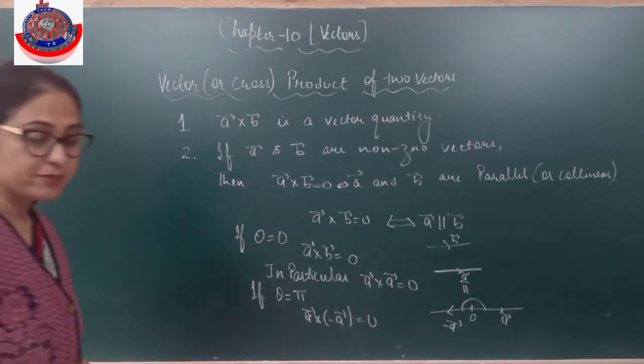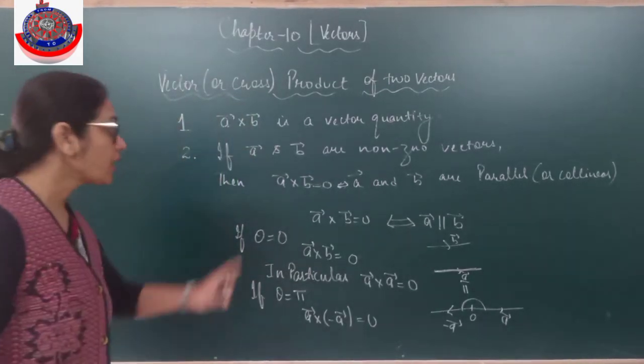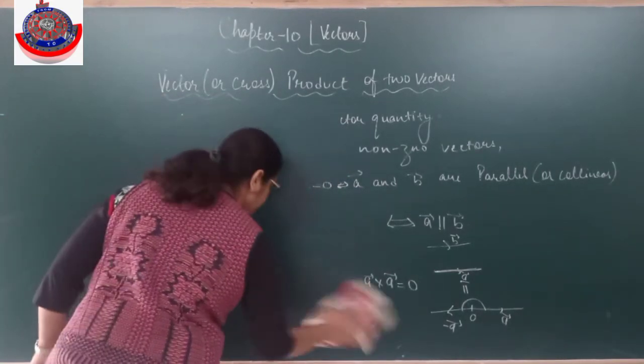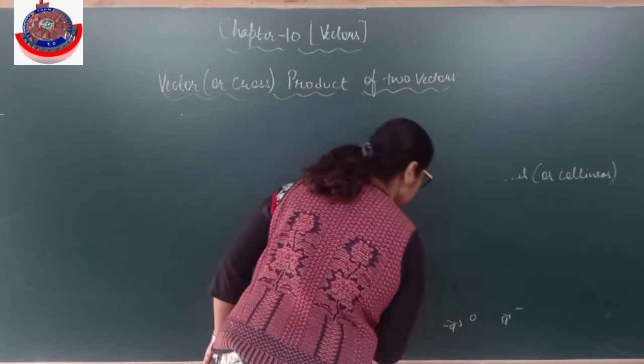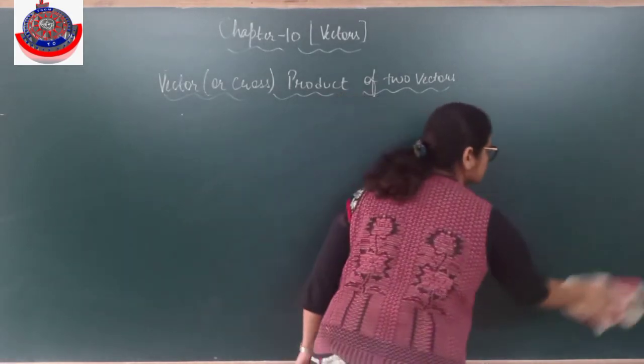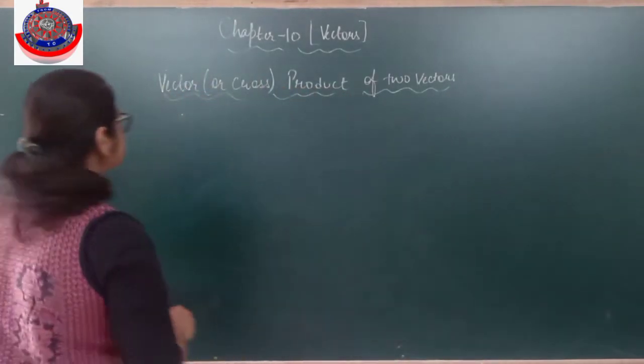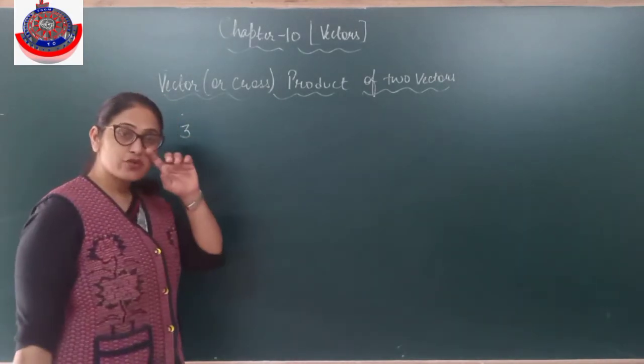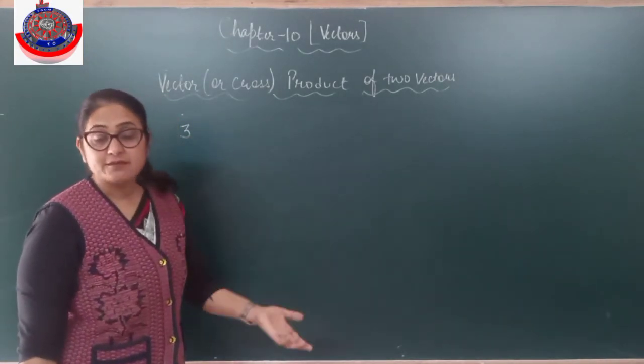With this we get one particular case. That means if I take a cross product of a vector with itself, that comes equal to 0.